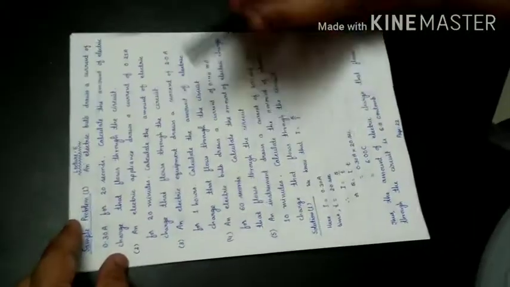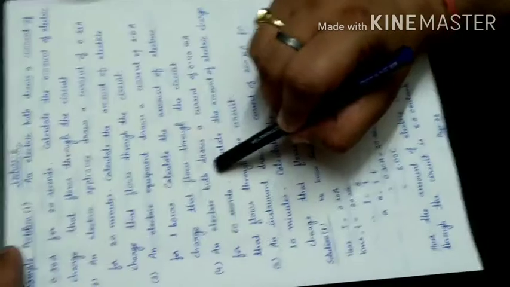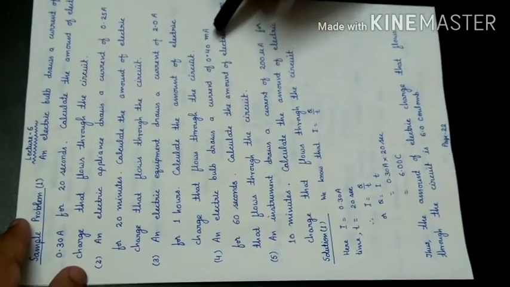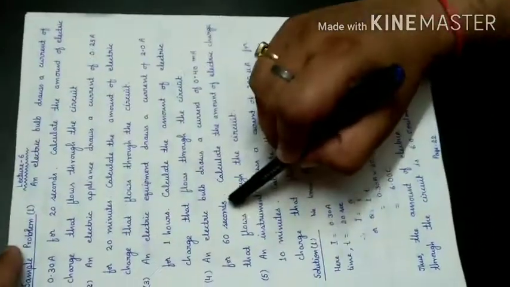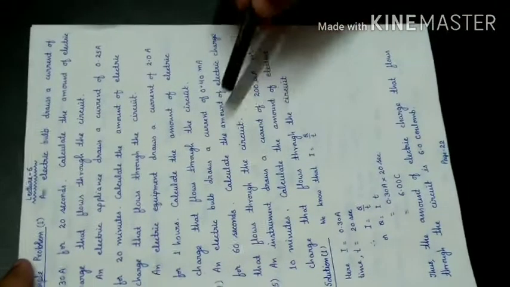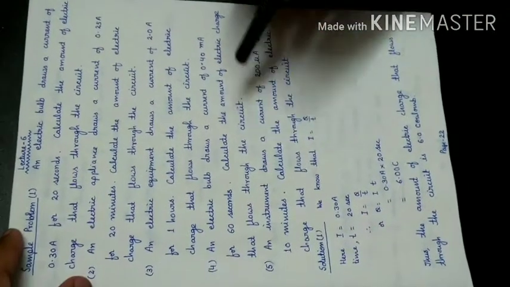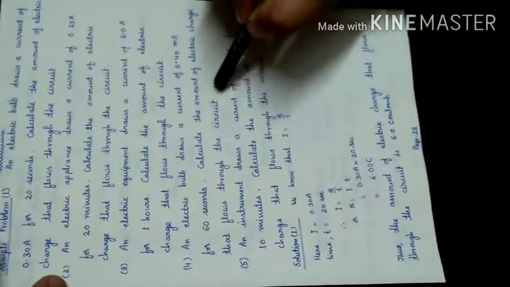Next problem: an electric bulb draws a current of 0.40 mA, means milliampere, for 60 seconds. Calculate the amount of electric charge that flows through the circuit.